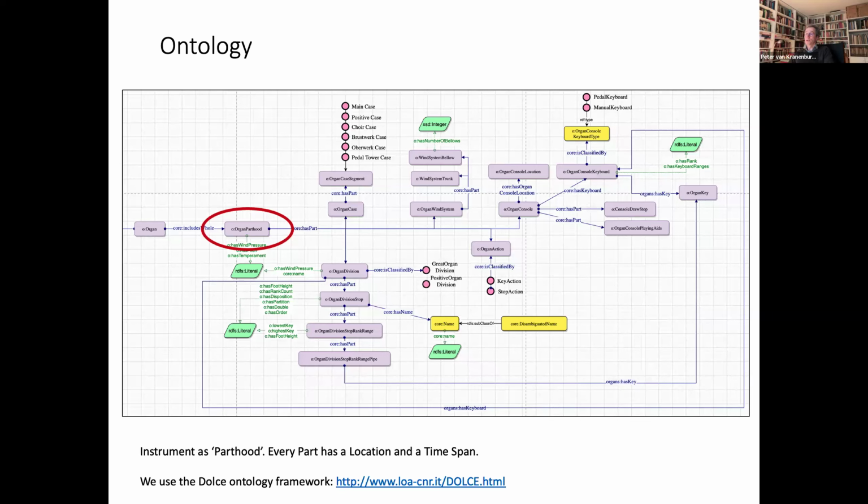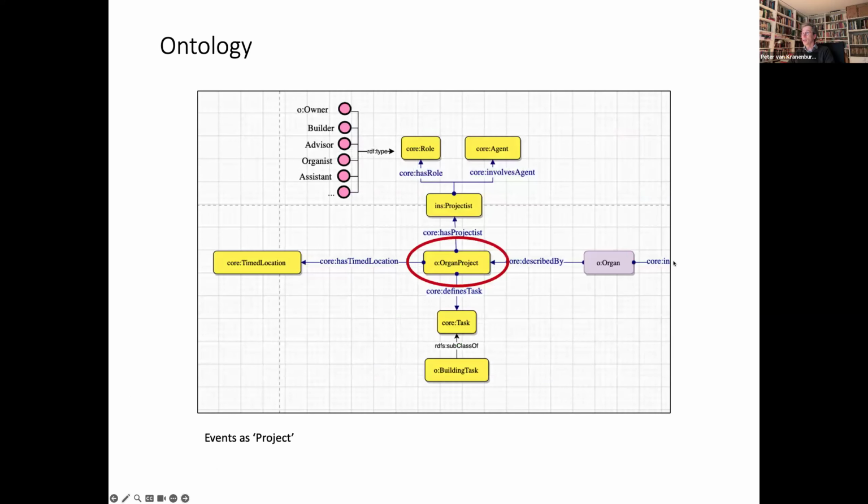And because of that, it is possible to track parts or pipes that move between organs. Sometimes, if an organ is deconstructed, parts of it are used in another organ. And so then you have the same part, but in another time span, it is at another location. And still that can be connected in a knowledge graph. So there are many more details here. I won't go into depth.